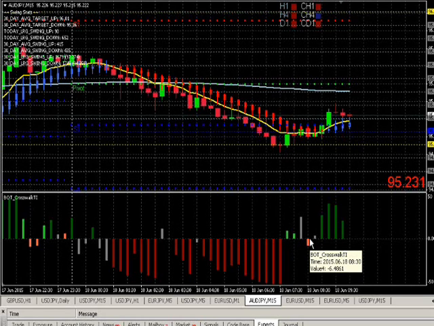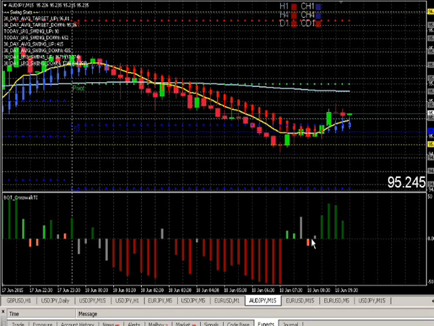But again, we chose to strike below where the market currently was, and it was a counter trend trade.